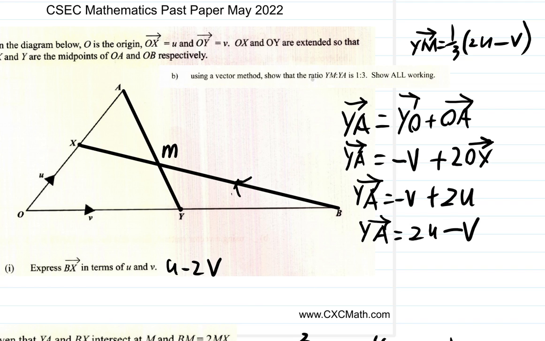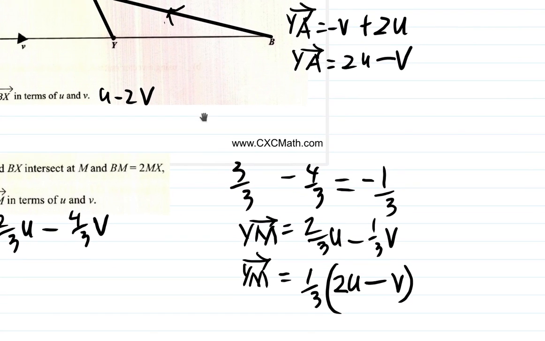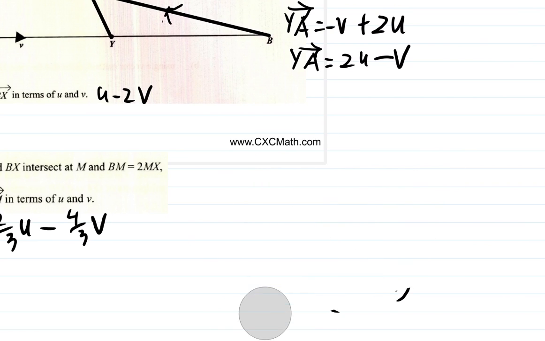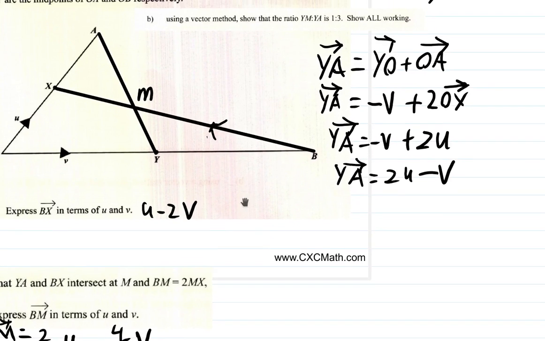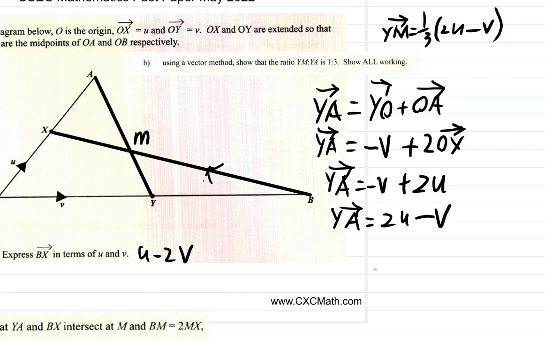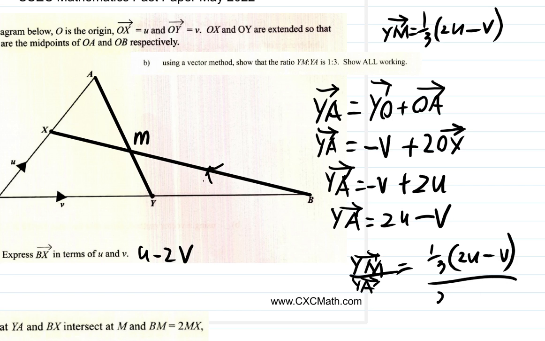Alright. So now it says YM to YA is 1 to 3. So let us compare them now. Let's erase this working down here to make space. Let's compare them. So YM over YA equals 1/3 of 2u minus v divided by 2u minus v. This is YM to YA.